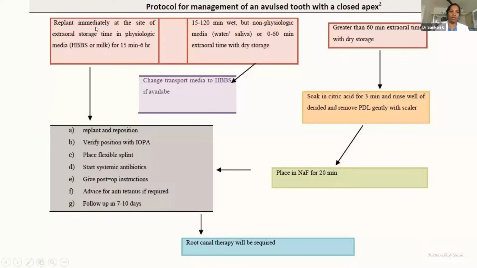If you are going to reimplant within 15 minutes, you have to follow these types of procedures. Above 15 to 20 minutes, change the transport media, and greater than 60 minutes, you have to see this procedure. Soak in citric acid for 3 minutes and place it for 20 minutes, then root canal therapy, and these are the protocols to be followed.